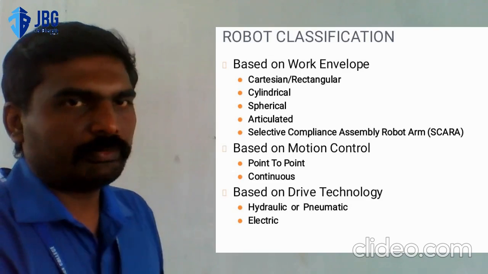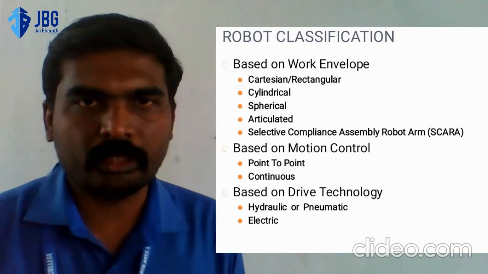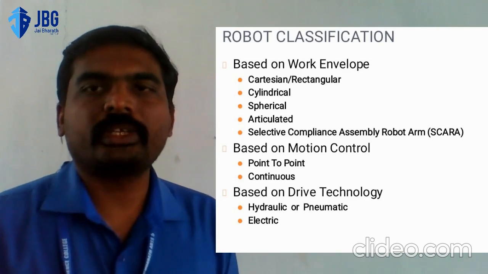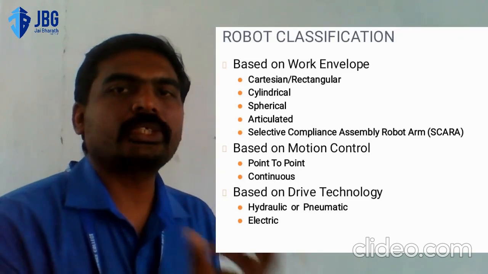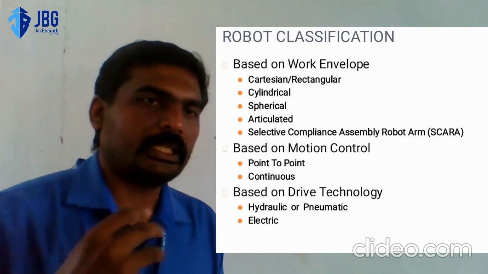Coming to the classification of robots based on work envelope, we can define it as: depending on the configuration and size of the links and wrist, robots can reach a collection of points called workspace. That's the reach of a robot.